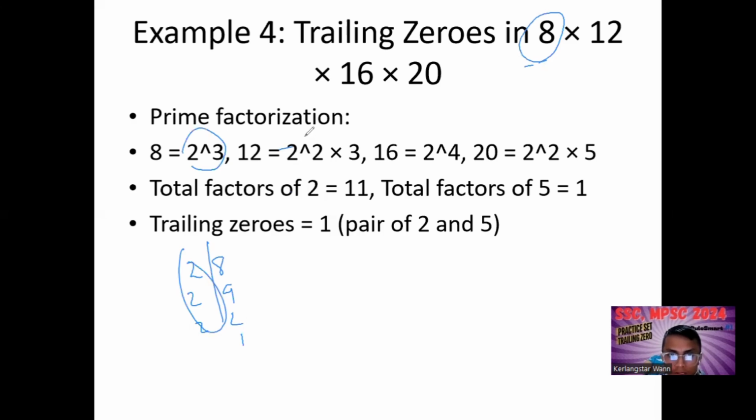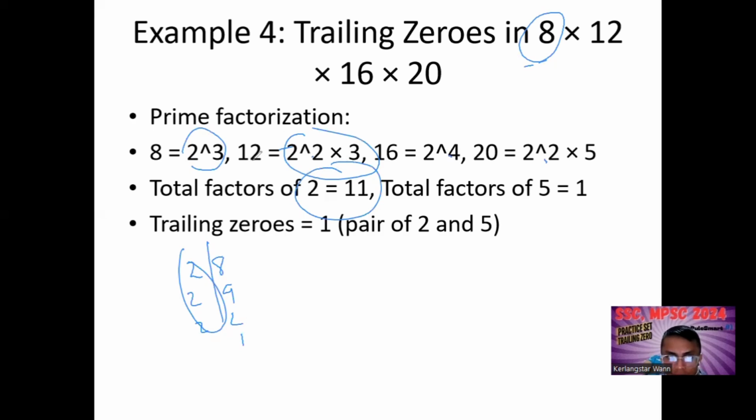For 12, we get 2 times. So total it's 3, 5, plus 4 is 9, plus 2 is 11 times. So the total factors of 2 is 11. And 5, how many times?